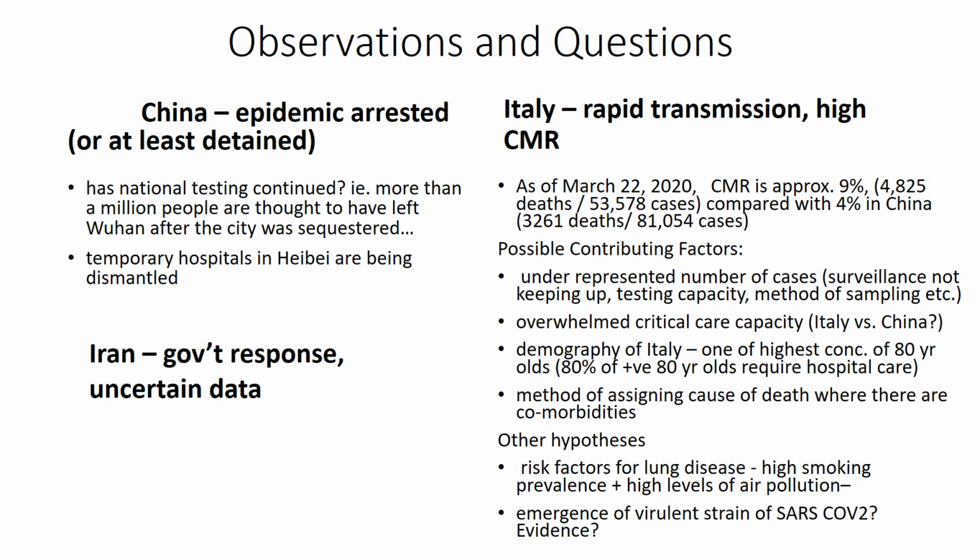Possibly there's an underrepresentation of the actual number of cases. If the epidemic becomes very widespread, of course, it becomes very difficult to keep up with testing everyone, especially given the diagnostic test that's being used right now. Overwhelmed critical care capacity simply means that there aren't enough critical care beds to deal with all the needy patients, and so some of them are falling off the edge of the healthcare system.